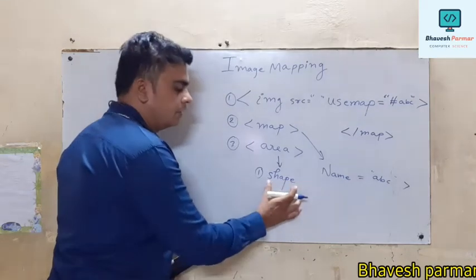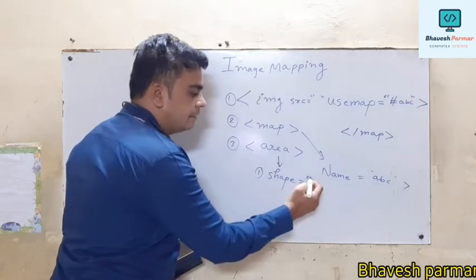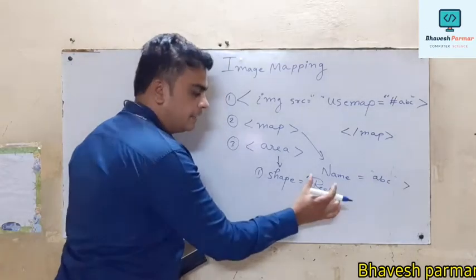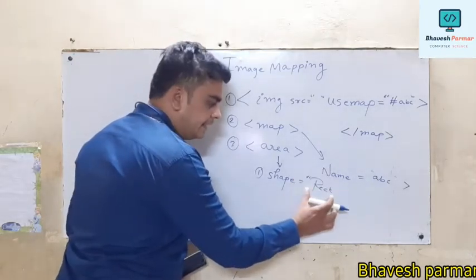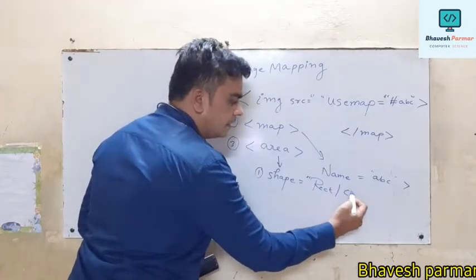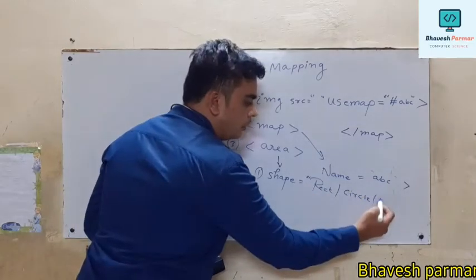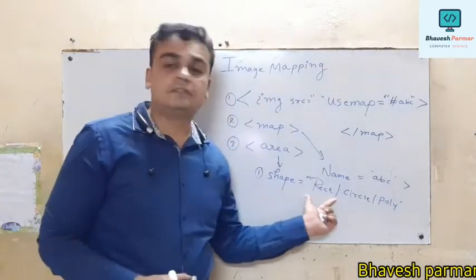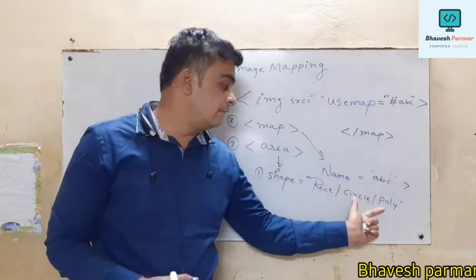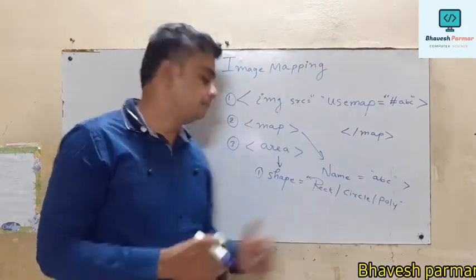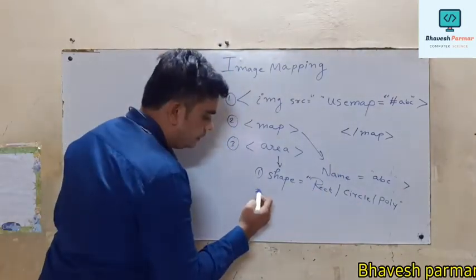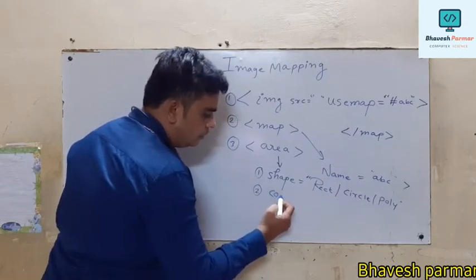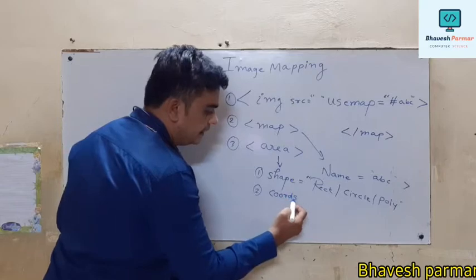Area has very important attributes. The first attribute is called shape, and HTML supports 3 different types of shape. The first one is rectangle, but in short we write rect, then circle, and for polygon we use only the word poly. So these are the 3 different shapes that we are going to use in our program. Thereafter, the next attribute is COORDS.